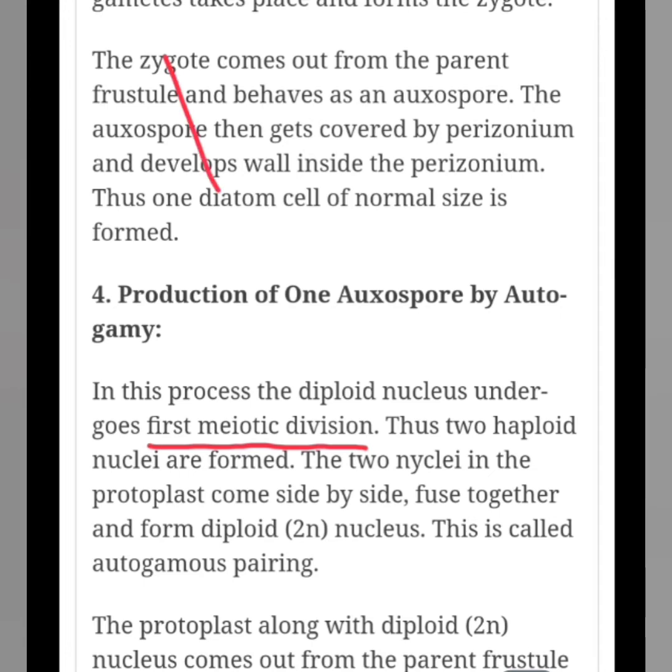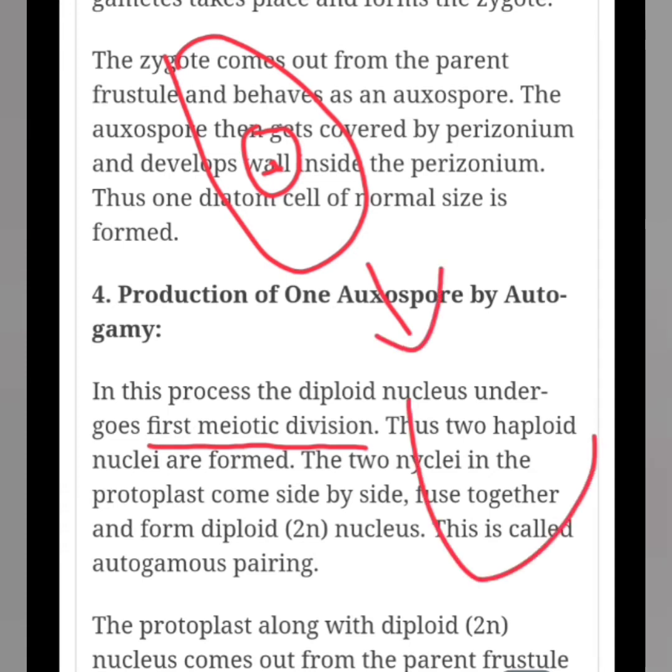Now we know that meiosis is a 2-step process: in the first meiotic division we get 2 daughter nuclei, and in another division we get 4 nuclei.